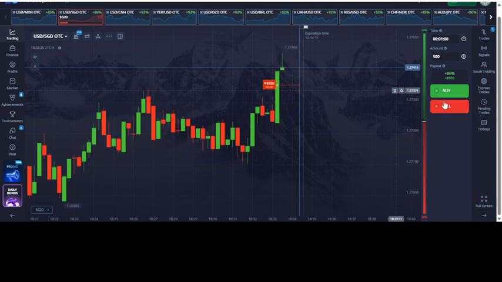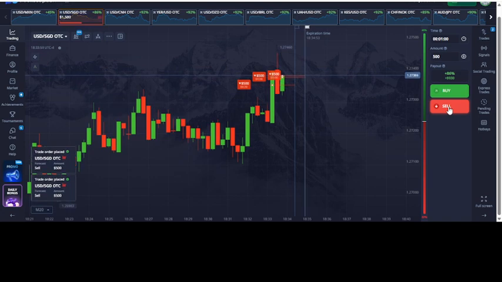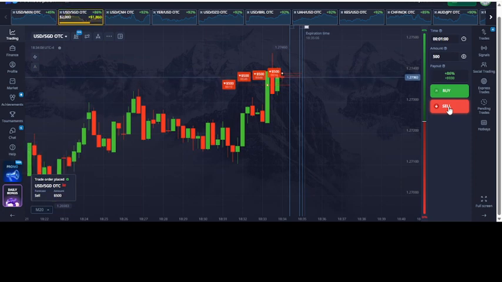In fact, let me take another short. Let me take two more shorts here. Okay, so I took a couple of more shorts just based off of price action.